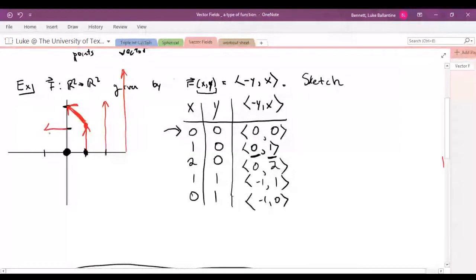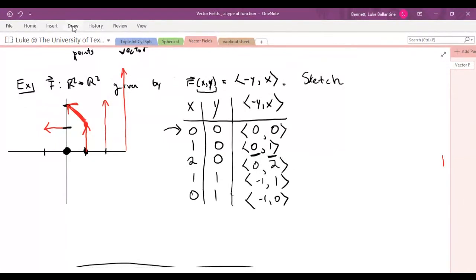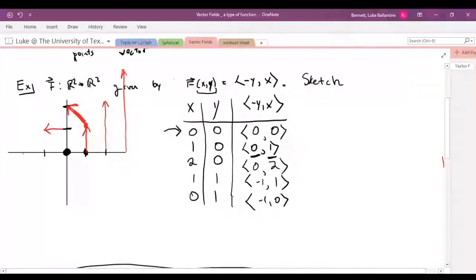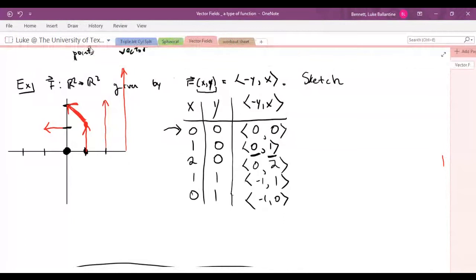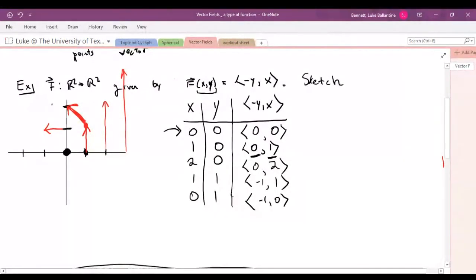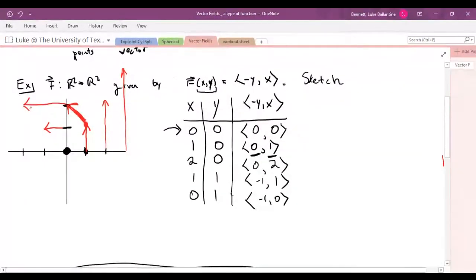Then we can see that if we plug in 0, 2, we would get the same thing, just a larger magnitude. What about the point 1, 2?